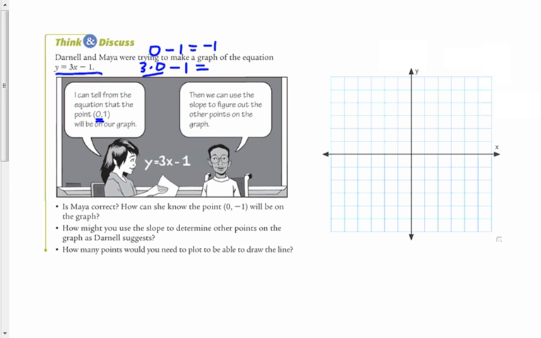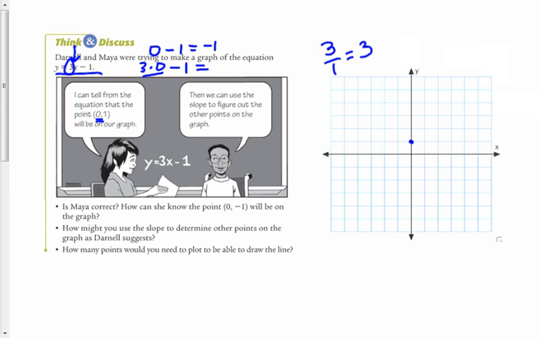Okay? And then it says, how might you use the slope to determine other points on the graph, like Darnell suggests? So we know the point 0, -1 is on there. There it is. And we also know that the slope is 3. That's this part of the equation right there, 3. And the slope of 3 means that the rise is 3, the run is 1, because 3 divided by 1 equals 3.